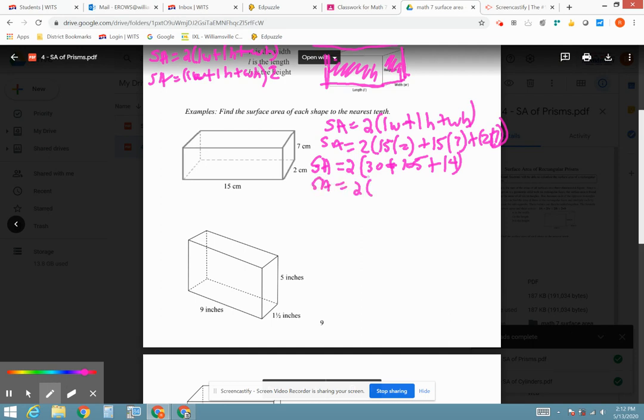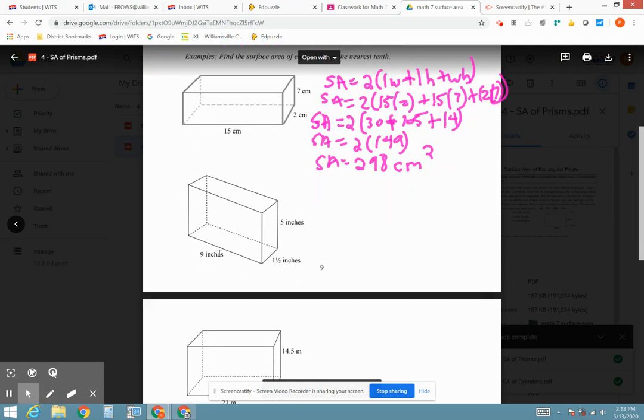So I have 30 plus 105 plus 14, and that gives me 149. Now I have to double it so that I would get all those opposite sides included, which gives me 298. And its surface area, so area is centimeters squared.